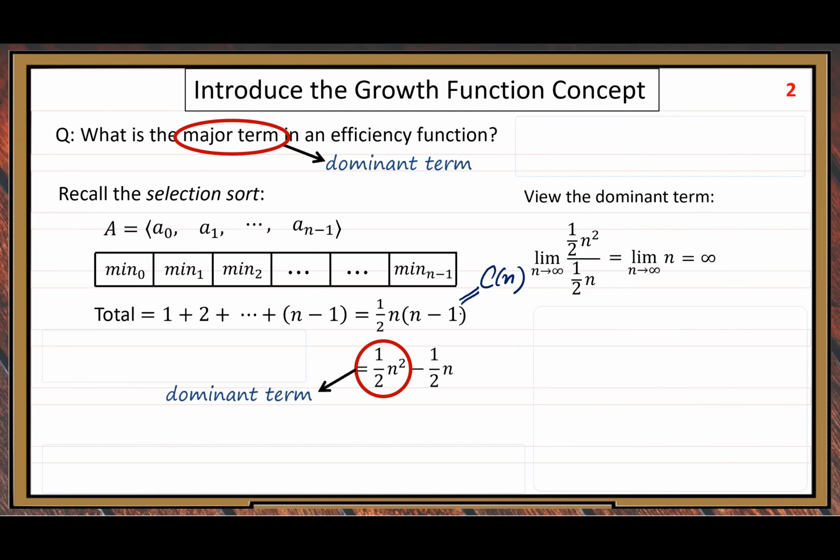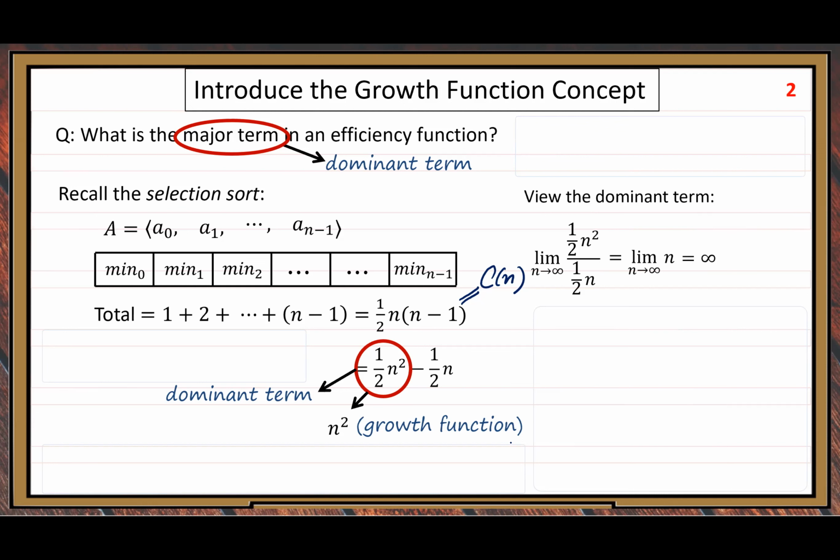That's the reason we call it the dominant term. Then for the growth function, we drop that leading coefficient.